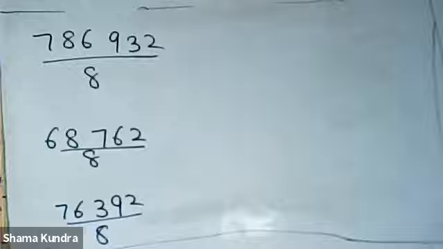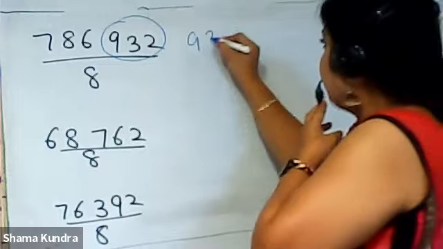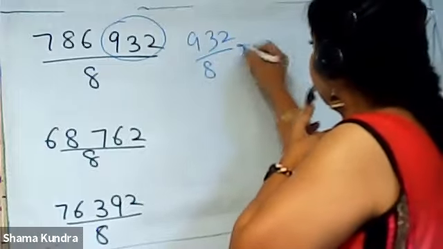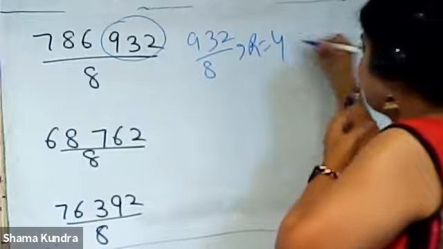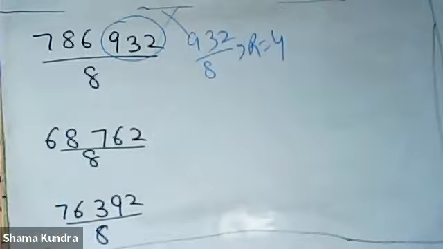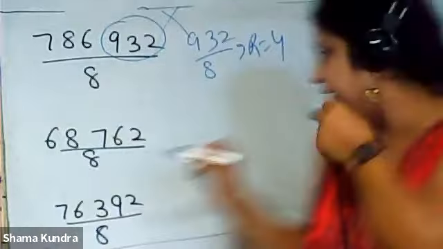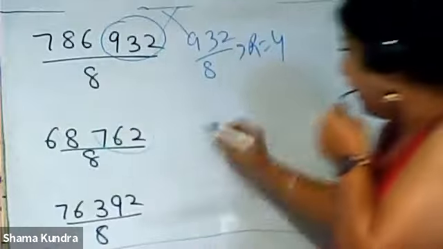In the first case, I have to divide the last three digits by 8. When I divide 932 by 8, I get remainder 4, which is not 0. So this number is not divisible by 8. In the second example, I divide the last three digits by 8.